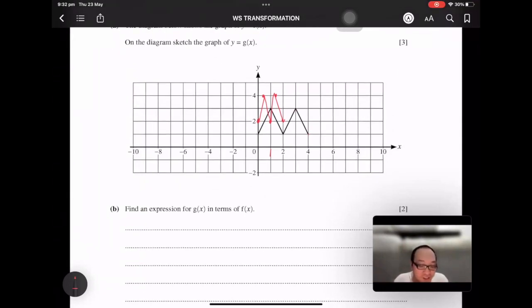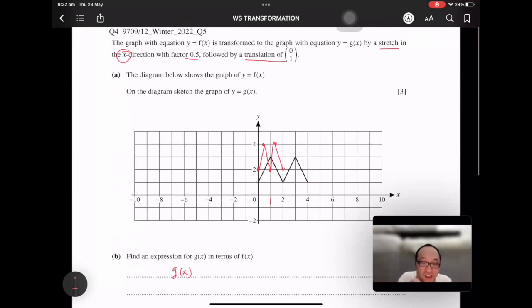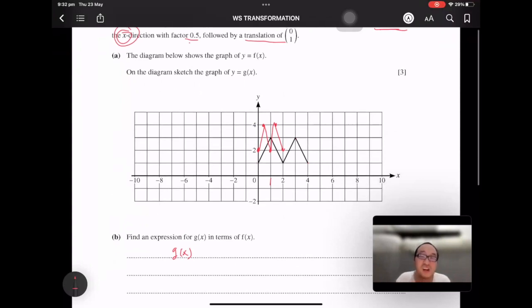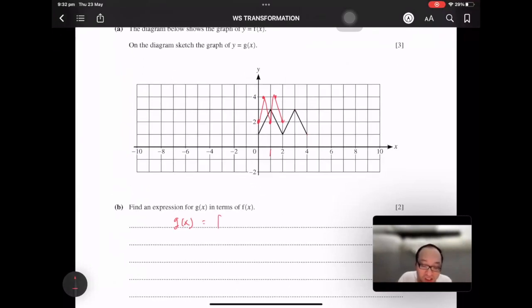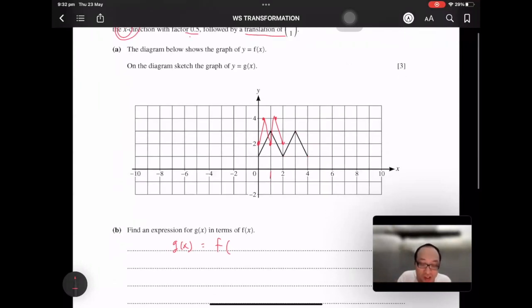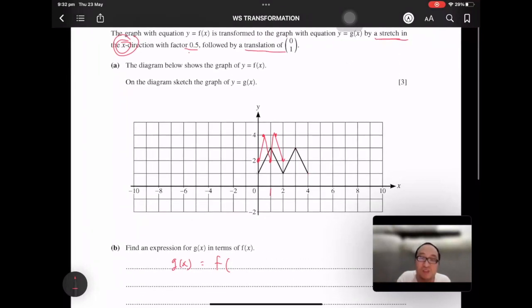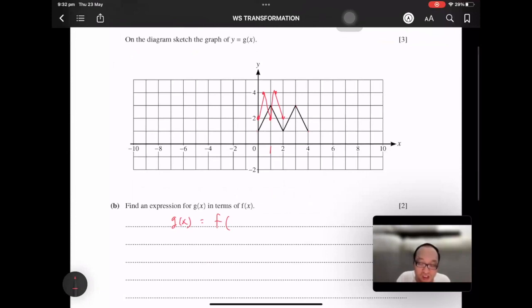B, find an expression of g(x) in terms of f(x). So g(x) here is under a horizontal stretch with scale factor half. Again, we have to write it down in opposite notation. So the scale factor is 0.5, so the number that we write here is 2x.